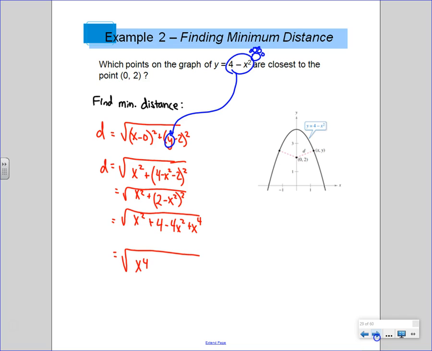Double check math, but I think I have x to the 4th minus 3x squared plus 4. Yes. Oh man, we haven't even found a derivative yet.